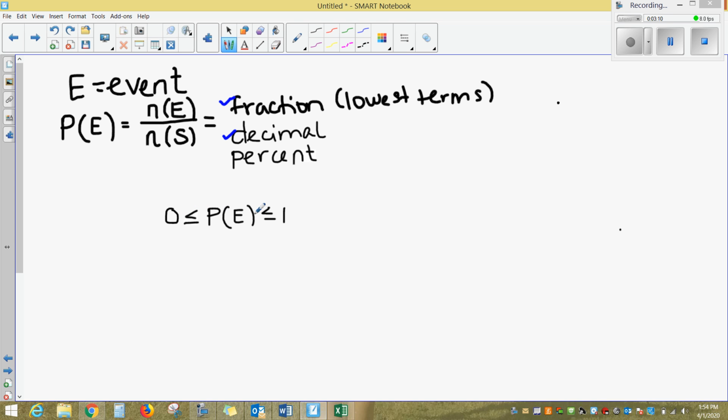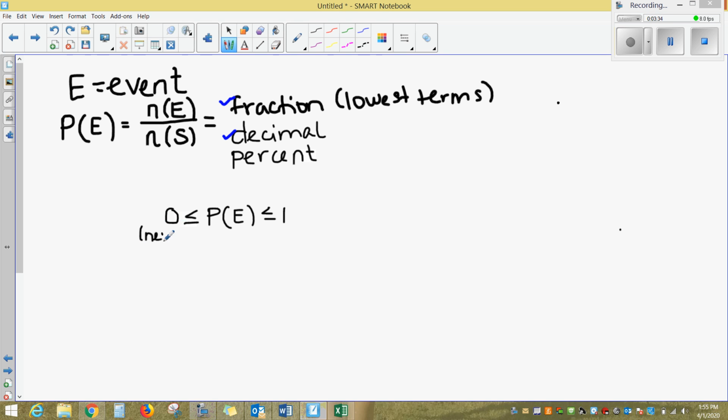Also, the absolute lowest probability could be is 0. Sorry, couldn't get to the pause button fast enough. It is possible for the probability of an event to be equal to 0. This means it can never happen.